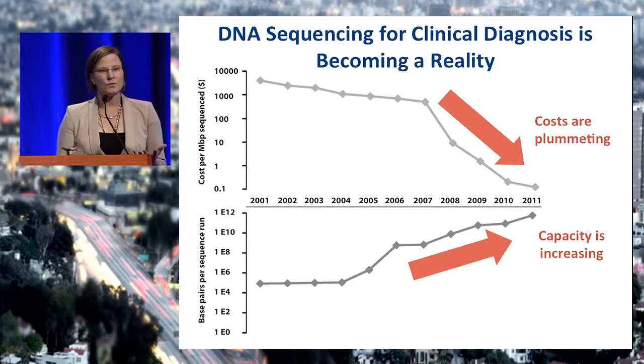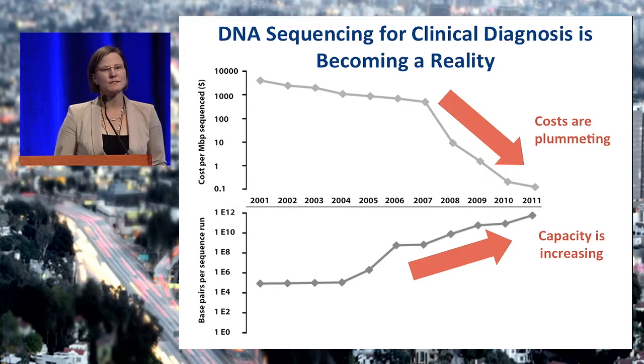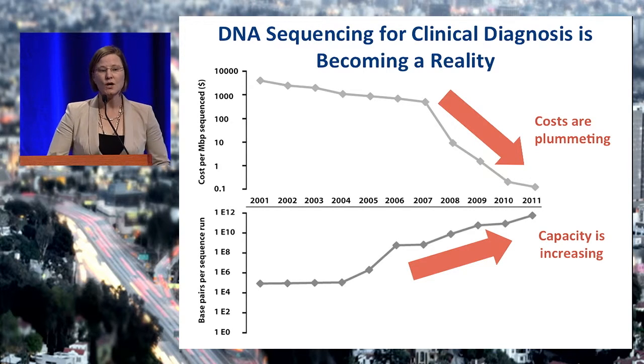The reason we're able to do this massive amount of sequencing is really that the cost of sequencing has plummeted over the years, and the capacity for the sequencing machines has increased. The reason for this is something called next-generation sequencing, which emerged in about 2005.